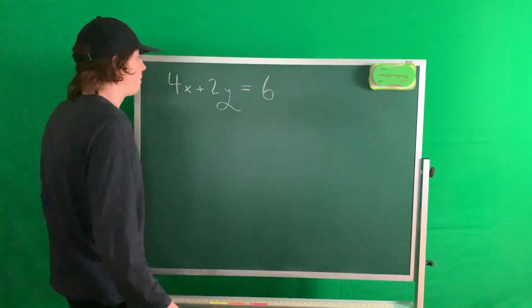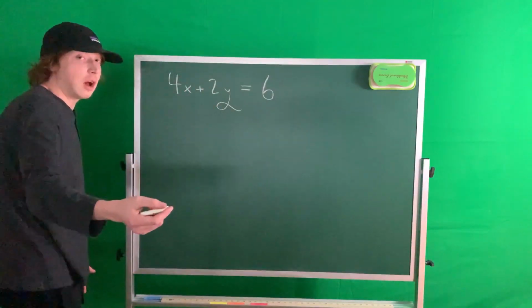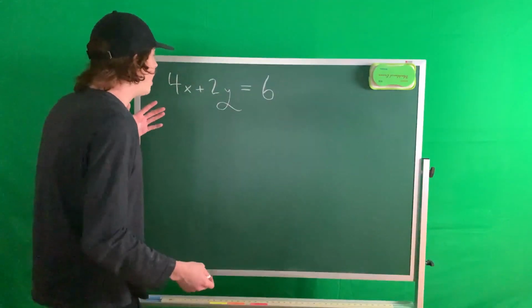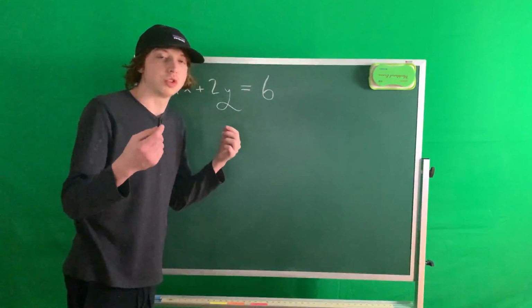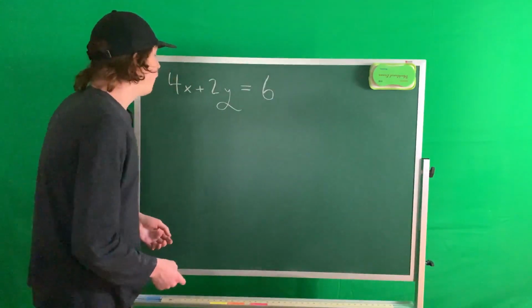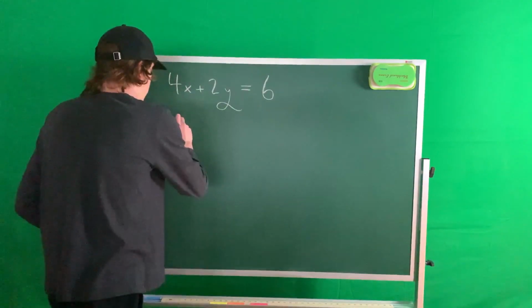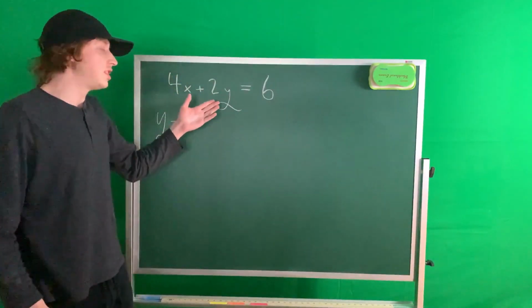It's pretty rare. In this case, one thing that we can do is find out what x or y is by letting the other variable equal 0. So if we let y equal 0, then what does it do?